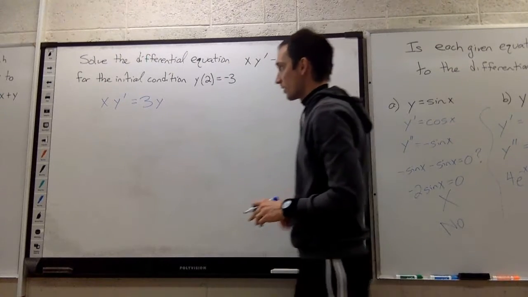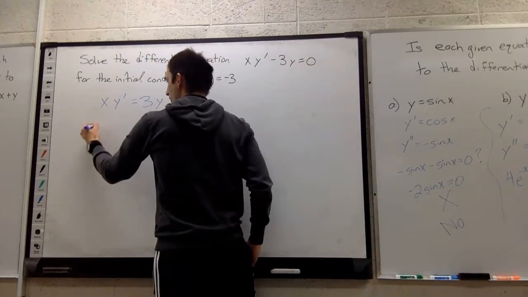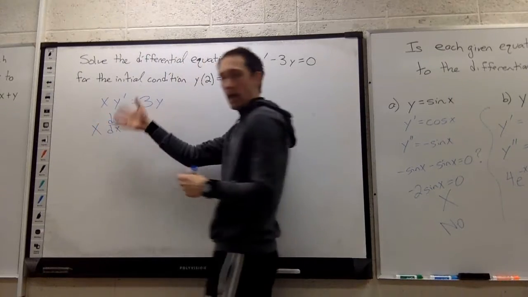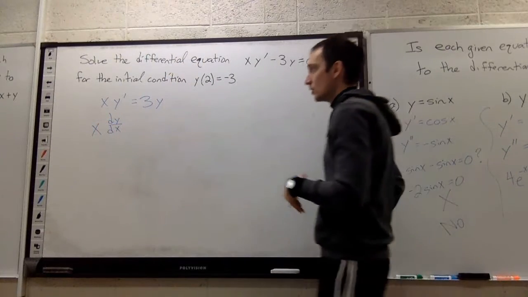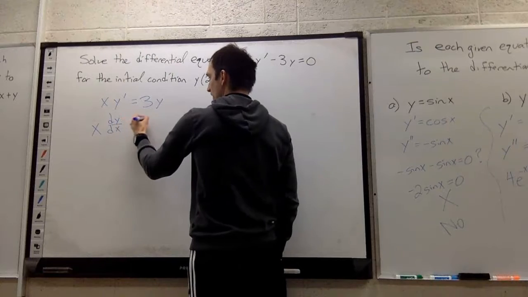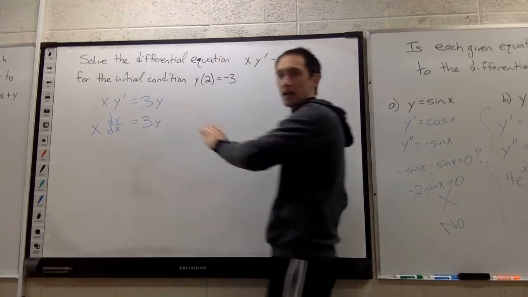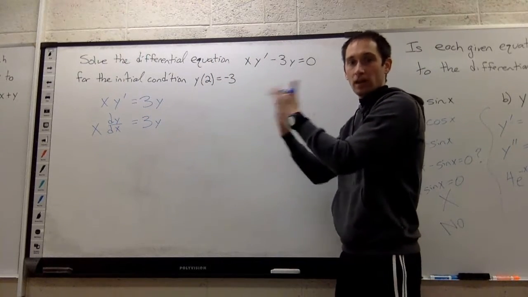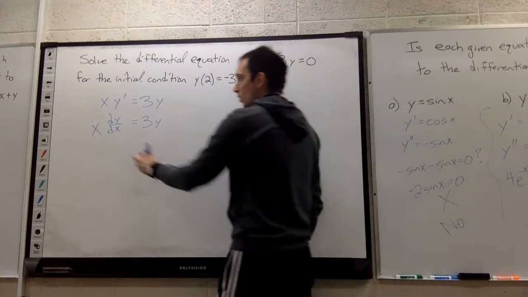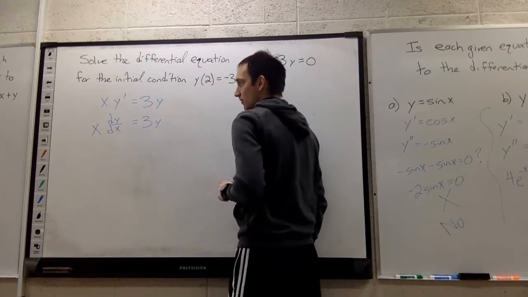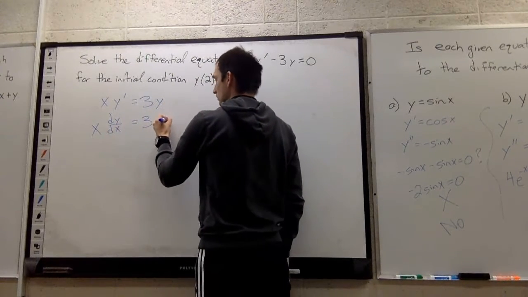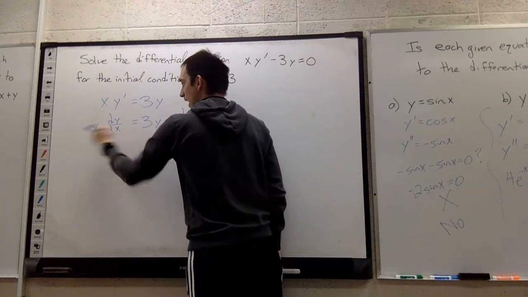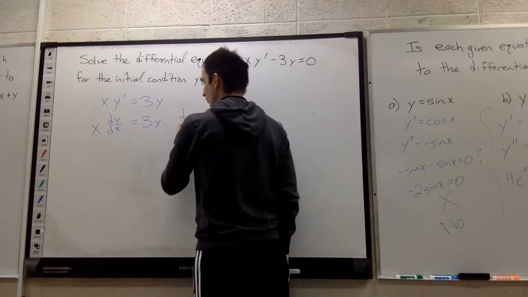Instead of y prime, I'm going to think of this as dy dx, because we need to separate the dx from the dy. When we separate the variables, we need all the y and dy stuff on one side, and all the x and dx stuff on the other side. So we're going to multiply the dx over to the right side, and divide over the y.